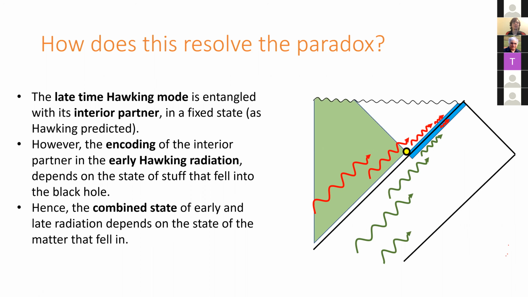It follows that the combined state of late radiation plus early radiation can depend on the state of the stuff that fell in, because the type of entanglement you have between early and late radiation depends on the stuff that fell in. It's like if you have two encodings of the same message.